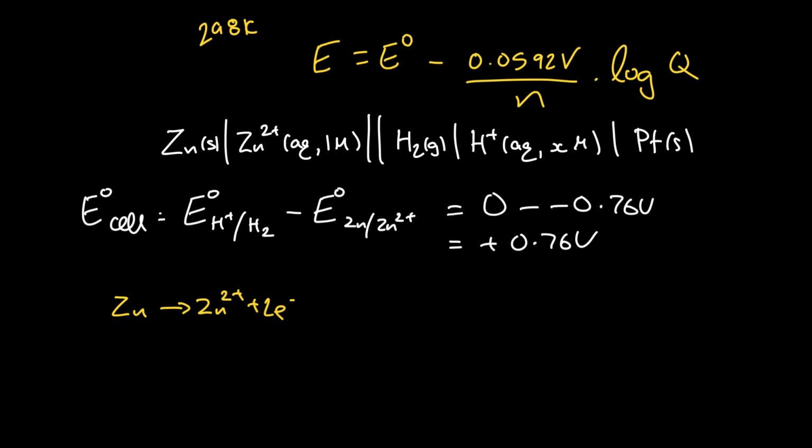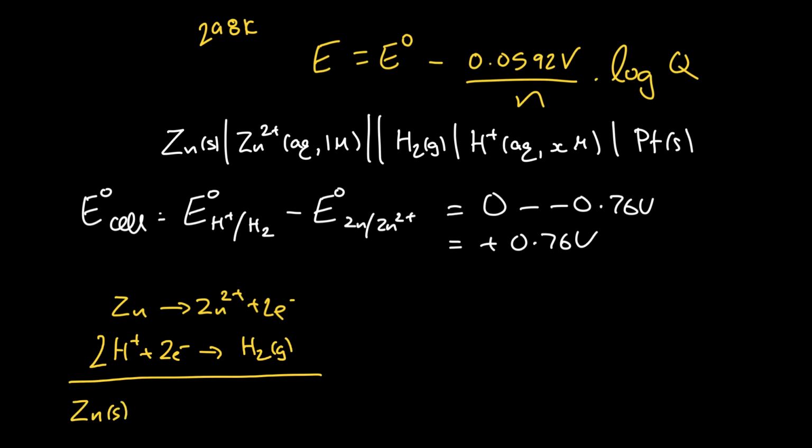And on the other side, you've got reduction, so you've got the gaining of electrons, so hydrogen is gaining electrons: 2 H plus plus 2 electrons goes to H2. If I sum those together, the 2 electrons cancel out, so I've got my zinc solid plus my 2 hydrogen ions on the left, and on the right I've got my zinc ions plus my hydrogen gas.